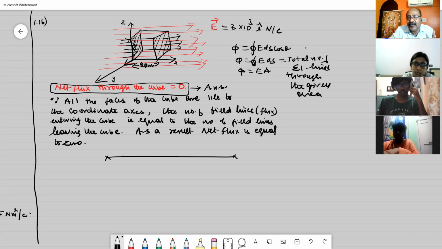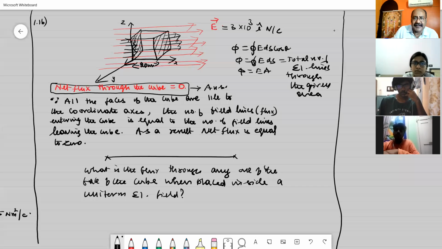So we can say that the flux entering the cube is equal to the flux leaving the cube. We are saying the total flux available is equal to what?